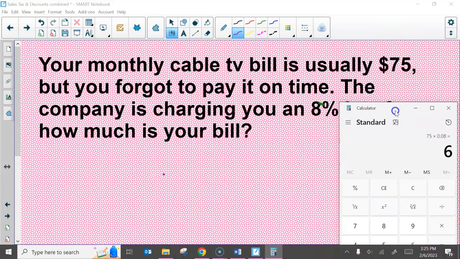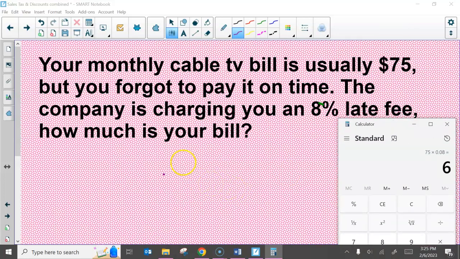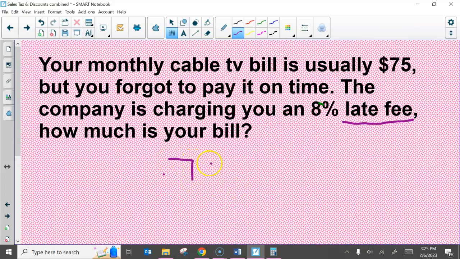Okay, so our bill, which was 75, because we're paying it late, we have to pay a fee, which makes it more expensive. So you should hopefully realize that you should be adding here. And instead of $75, our bill is now $81. Okay, the fee here makes us know that we are going to add.